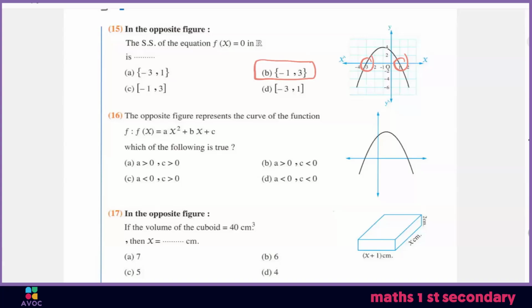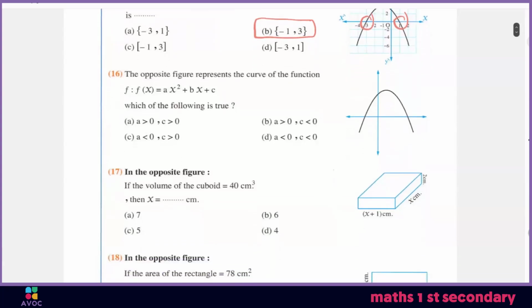Okay. This question, number 16, for excellent pupils who understand the previous part. The opposite figure represented the curve of the function f of x equals ax squared plus bx plus c. Which of the following is true?